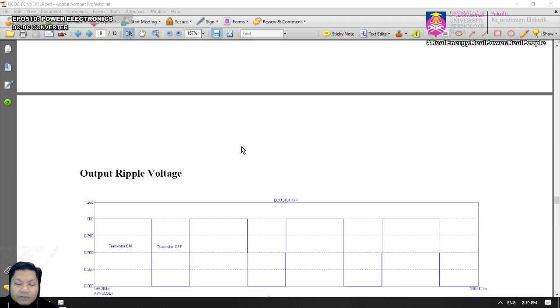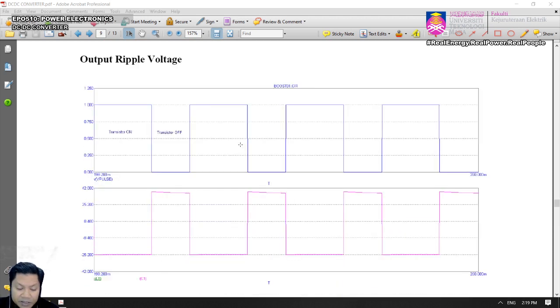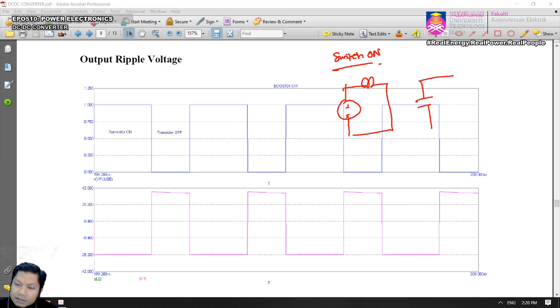And finally, for output ripple voltage, remember you're going to look into the capacitor current, isn't it? So here, remember when the switch is on, you're going to have two separate circuits, the front end, and at the output you have this circuit, isn't it? Equivalent circuit.